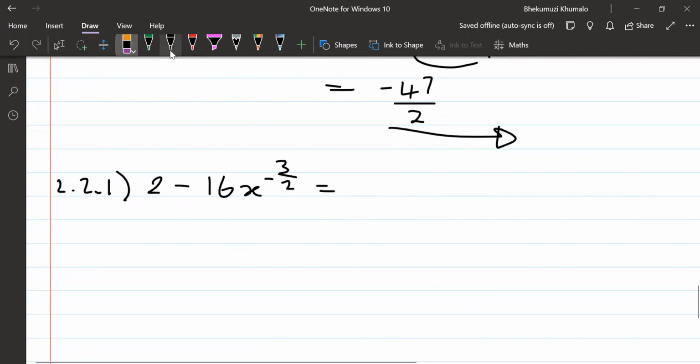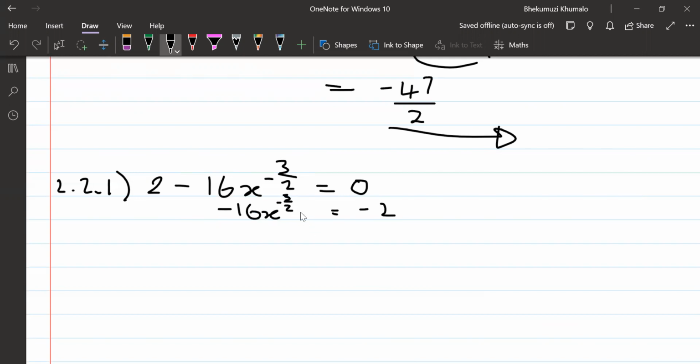Now, this one is quite straightforward in a way, because you could get rid of the negative 3 over 2 quite easily. We can just take 2 onto the other side. It becomes minus 2 equals minus 16 x to the power negative 3 over 2.